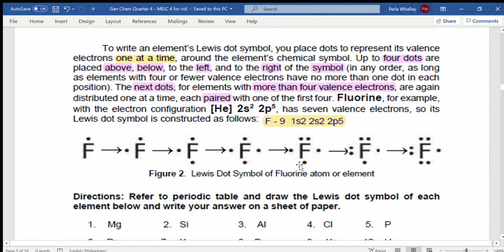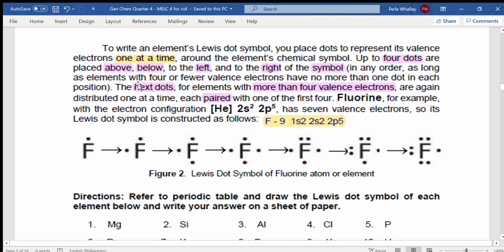To write an element's Lewis dot symbol, you place dots to represent its valence electrons one at a time around the element's chemical symbol. Up to 4 dots are placed above, below, left, and right of the symbol.